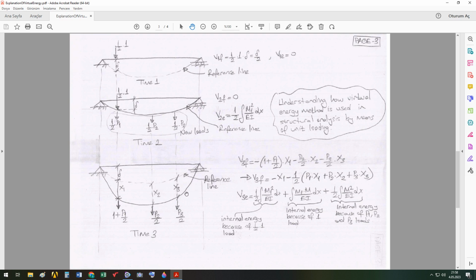Now, when I am writing the stored elastic energy at time 3, I consider only the deflected shape, not the reference line.